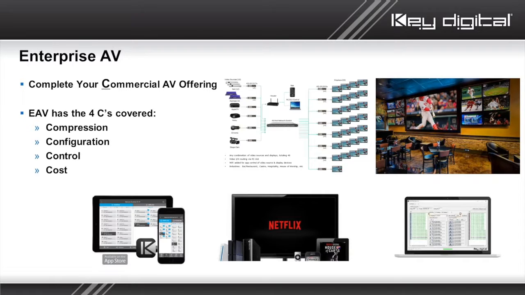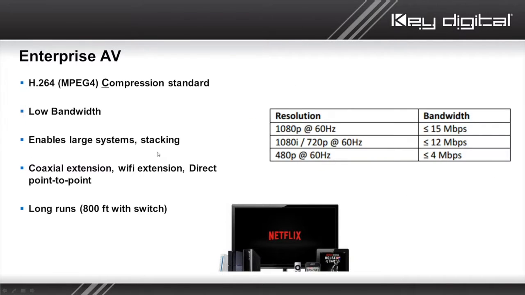It's the ideal offering for your commercial AV, beginning with compression. And now you all can see a table here where we document the bandwidth consumption of each channel of an Enterprise AV system. Enterprise AV uses the H.264 compression standard.